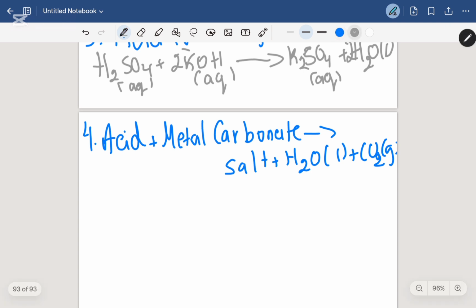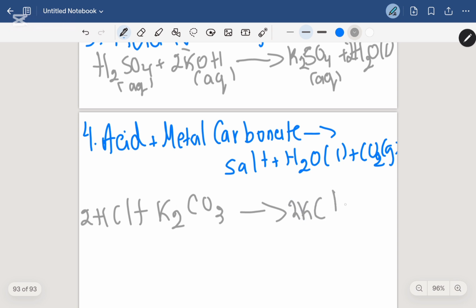An example of an acid, for example, 2HCl plus a metal K2, for example, carbonate, so K2CO3, will give us, as a salt, it's gonna give us 2KCl, okay, in addition to H2O, liquid, and in addition to carbon dioxide gas. Let's check, is it balanced? Yes, it is balanced. So this is our 4th criteria done.